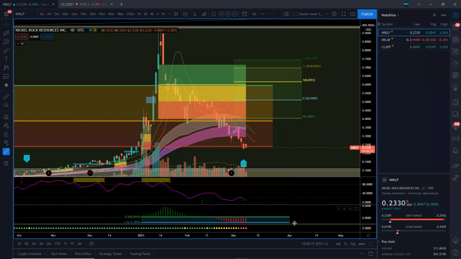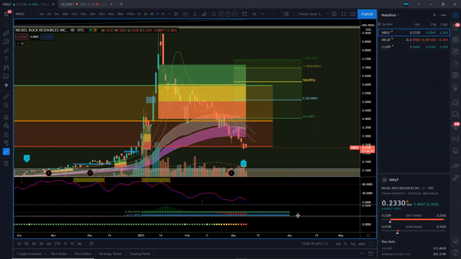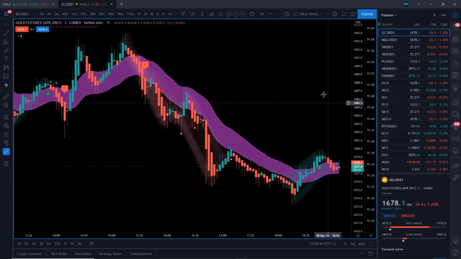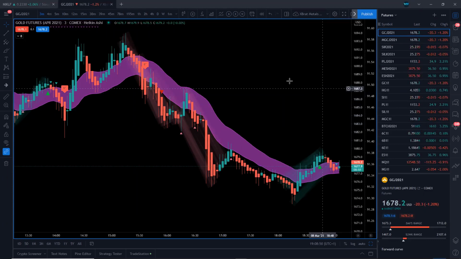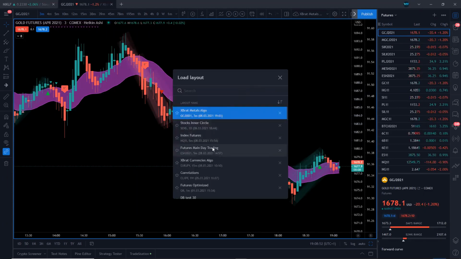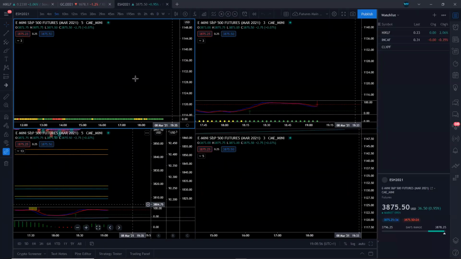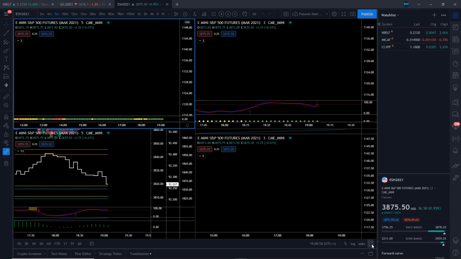The bias automatically looks on higher time frames. So if I just go back to smaller time frames, let me put a normal chart on here, and I'm going to go on the 5 minute.